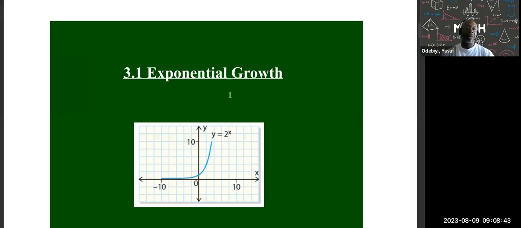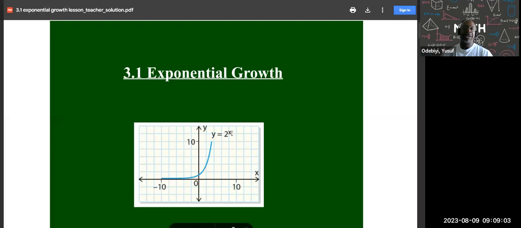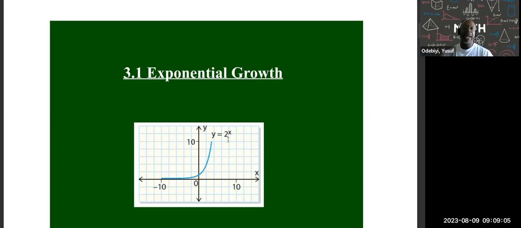So when we talk about exponential functions, we're talking about a function where the unknown variable, and that unknown variable is the independent variable, is the exponent. The independent variable is the exponent.